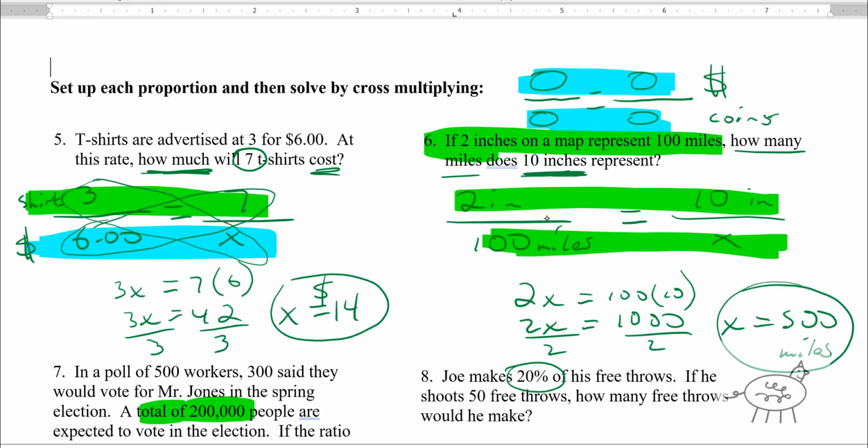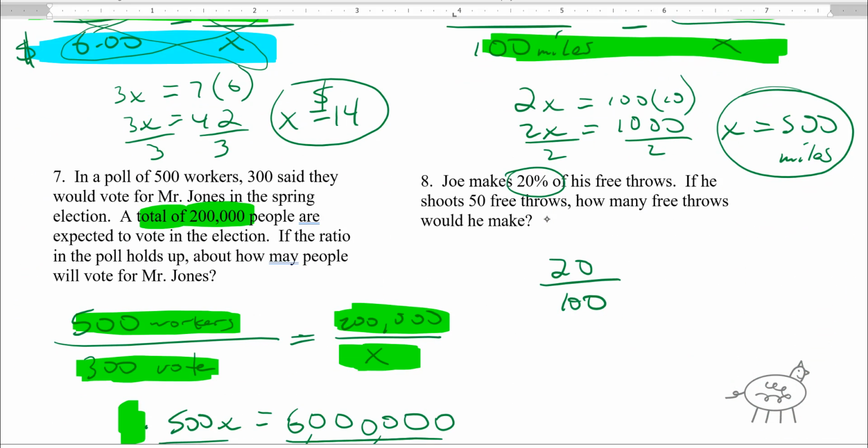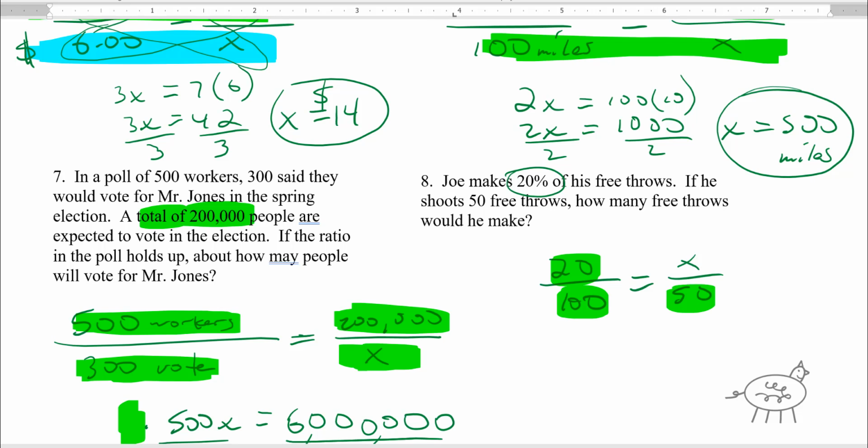So let's go back to the problem here. 20% of his free throws. If he shoots 50 free throws, you're putting your 50 on the bottom here. So I'm going to put 50 here and X here. This is a nice proportion. 20% means 20 out of 100, and that 50 goes in the bottom here because I'm trying to say, out of how many, out of 50.